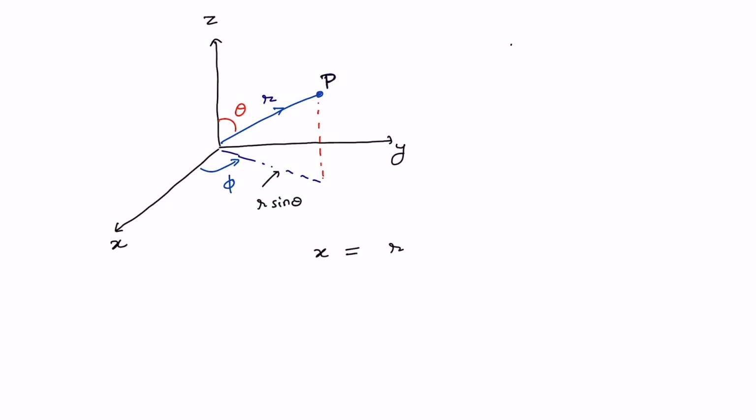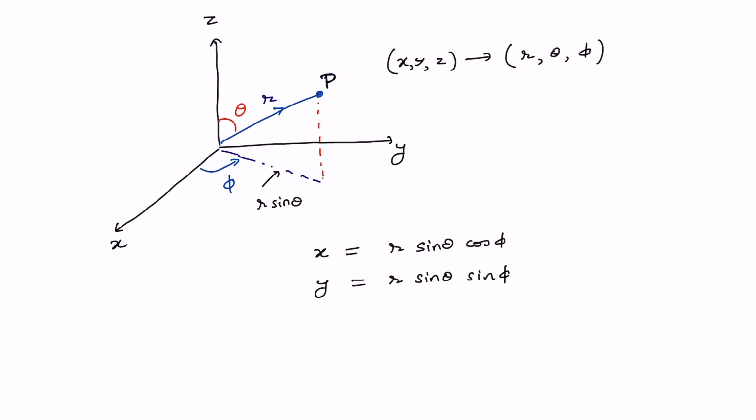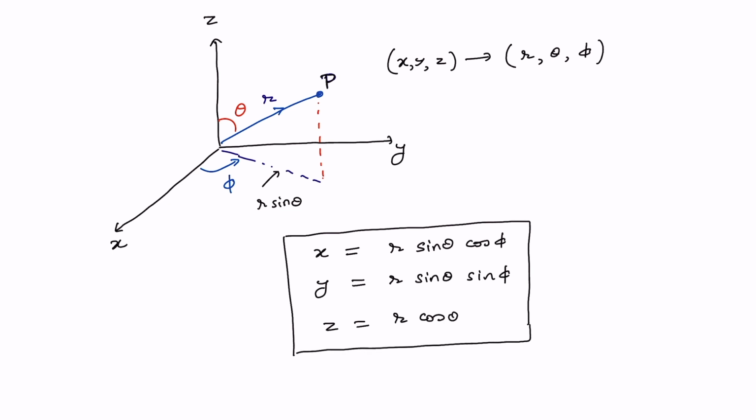Let me remind you that the spherical polar coordinates are r, theta and phi, and when we go from the Cartesian coordinates x, y, z to r, theta, phi, the relations are: x is equal to r sine theta cos phi, y is equal to r sine theta sine phi, and z is equal to r cos theta. So these are the relations between the Cartesian coordinate system and the spherical polar coordinate system.